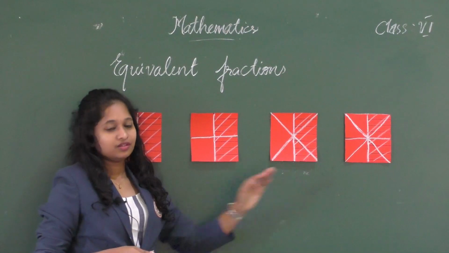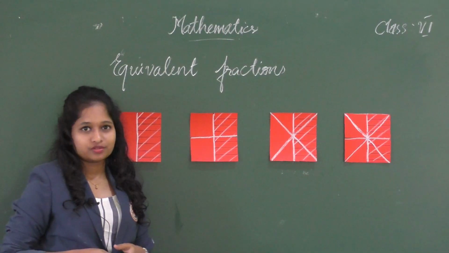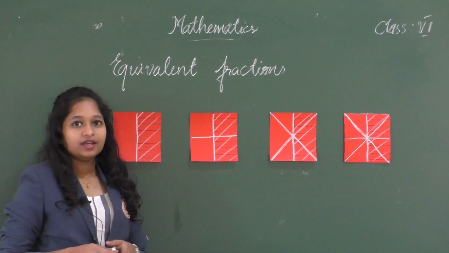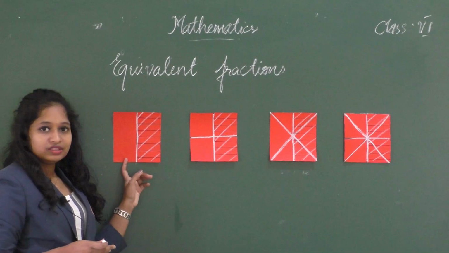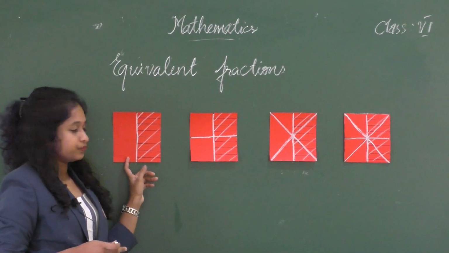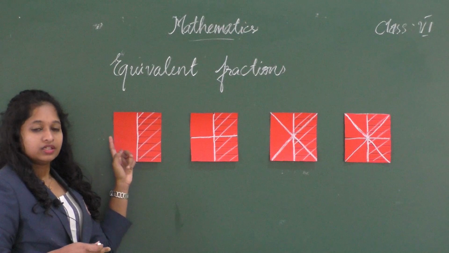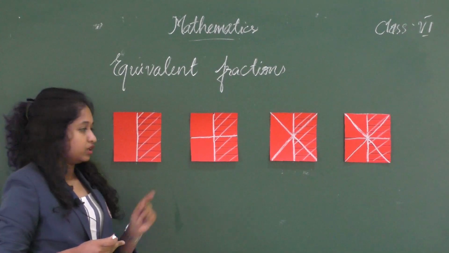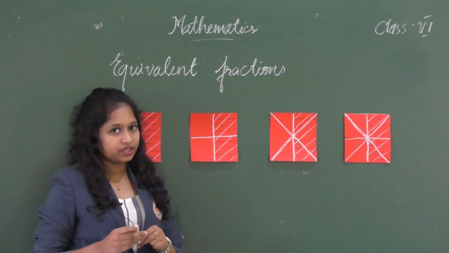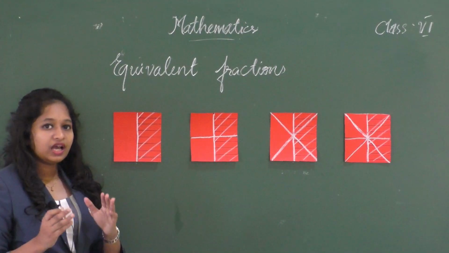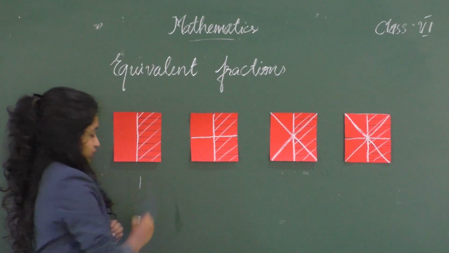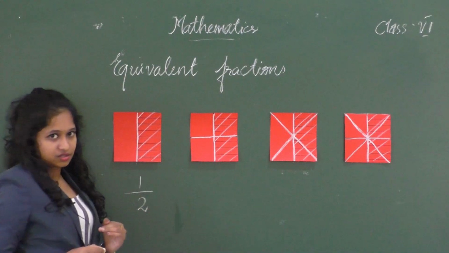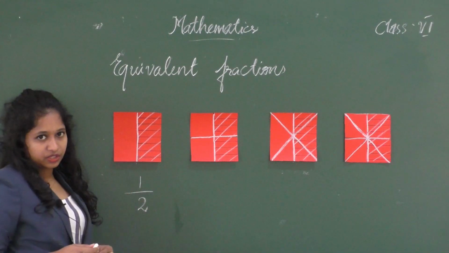Here you see 4 square boxes, isn't it? Yes. And this square box is divided into 2 equal parts and one among them is shaded. I'll write the shaded portion in the numerator and the total parts in the denominator.